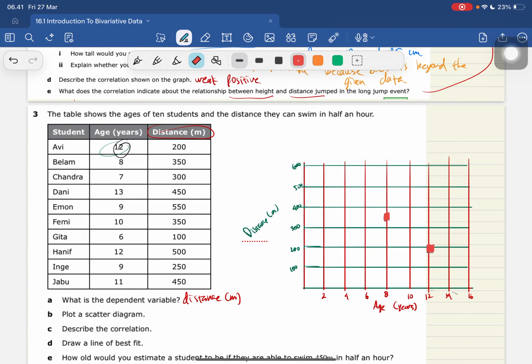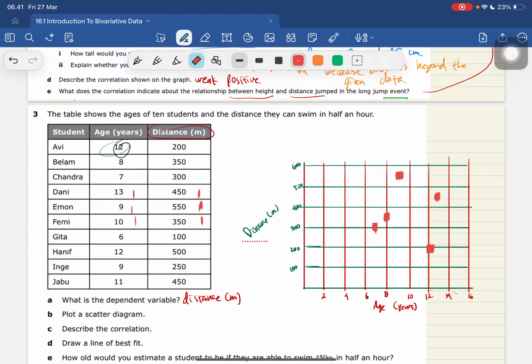Next, when the age of 7, the scatter is 300. So it's here. When the age of 13, here is 450. When the age of 9, this is 550. Age of 9, 550.